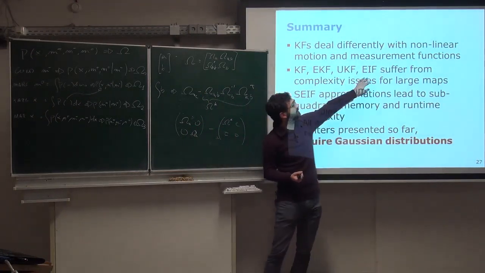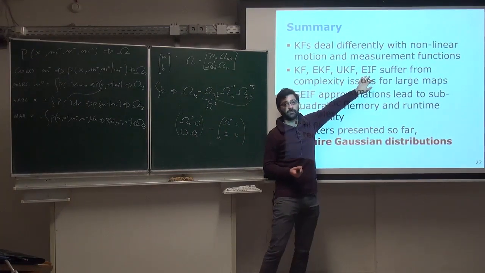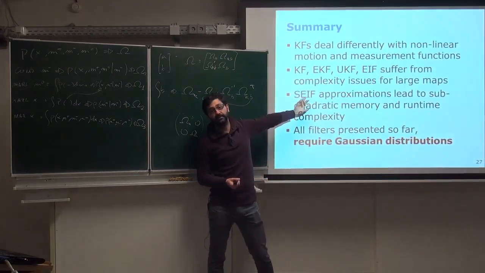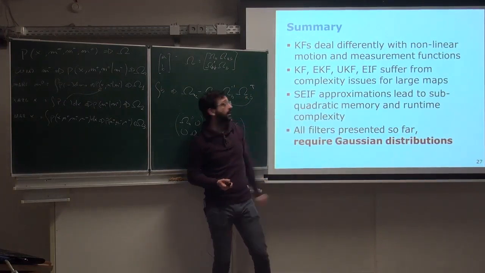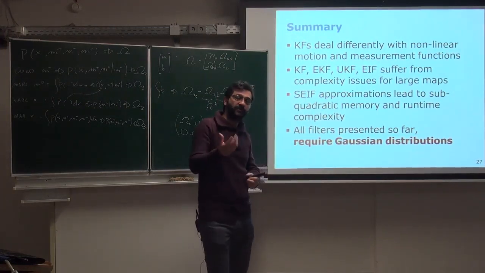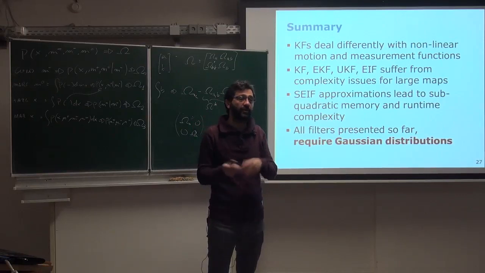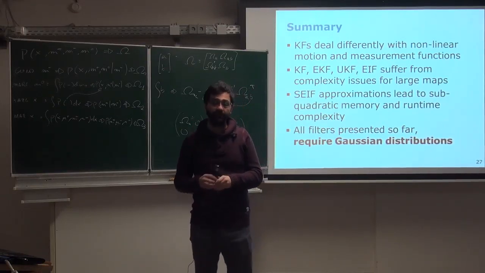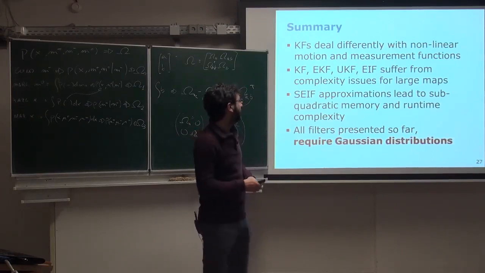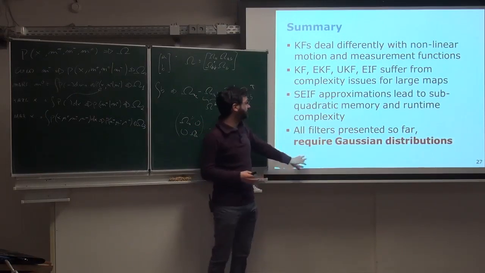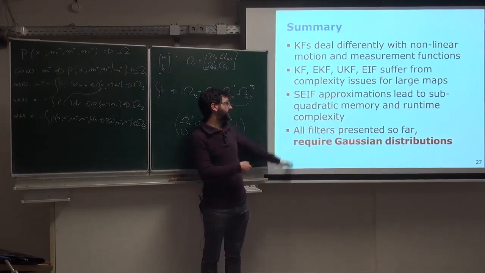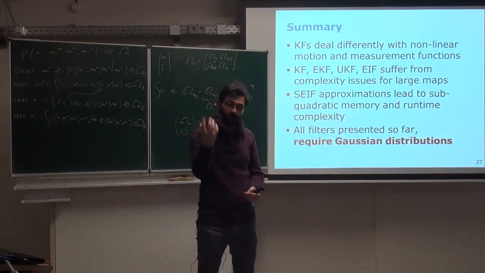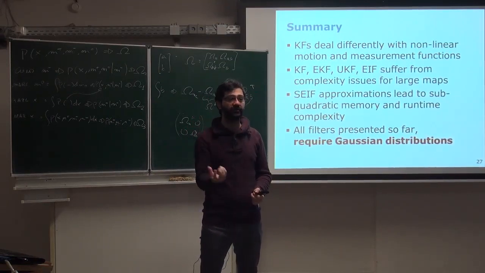But the interesting thing is that we can exploit some structure of the problem and still have an information form, and we end up with the sparse extended information filter, which exploits the structure and can create a trade-off between efficiency and accuracy. What they all have in common is that they require Gaussian distributions, or put differently, they assume that the noise comes from a Gaussian distribution.